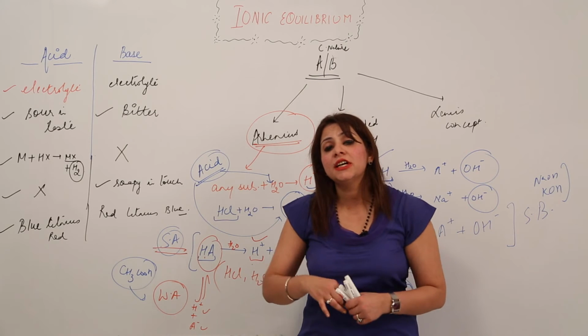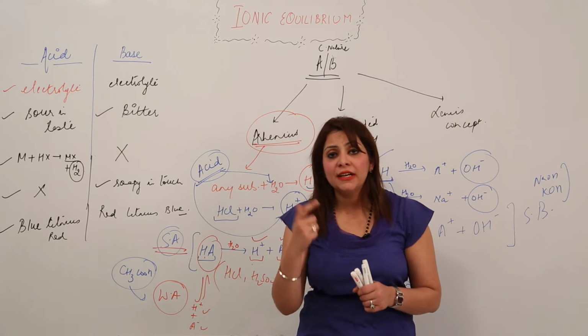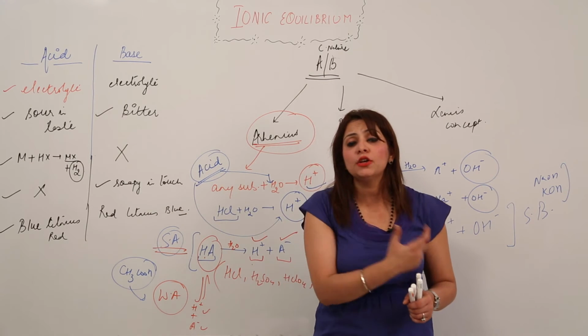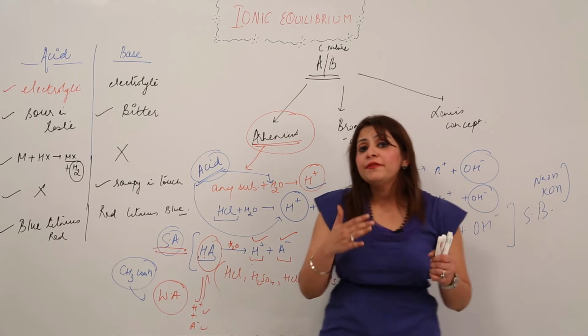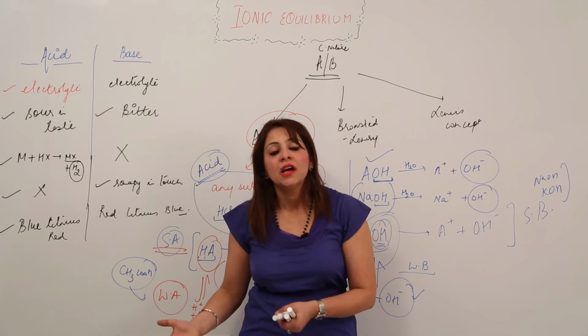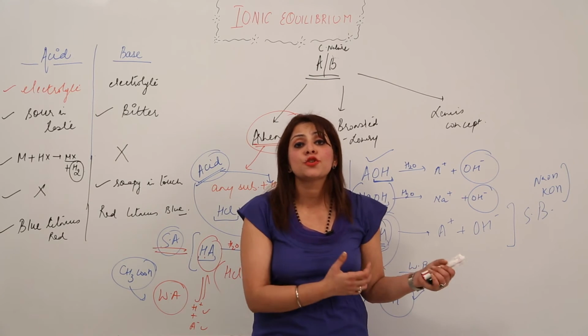But when I use the term acid or base, as I know, a substance behaves as an acid when it delivers the hydrogen ion, and if it delivers the hydroxide ion, it is a base. So if it completely dissociates to form hydrogen ion, it is a strong acid, and if it completely dissociates to give hydroxide ion, it is a strong base.